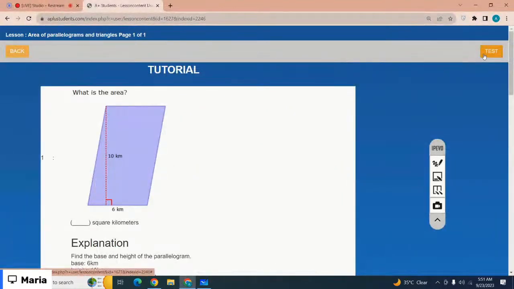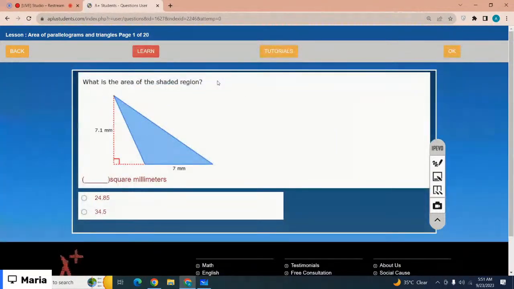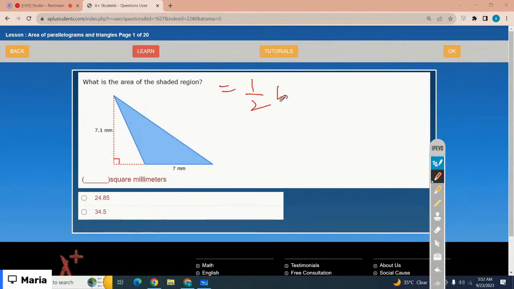Okay, what is the area of the shaded region? So which is the correct option? You are given the base and height, right? So just use the formula, that would be half times base times height.